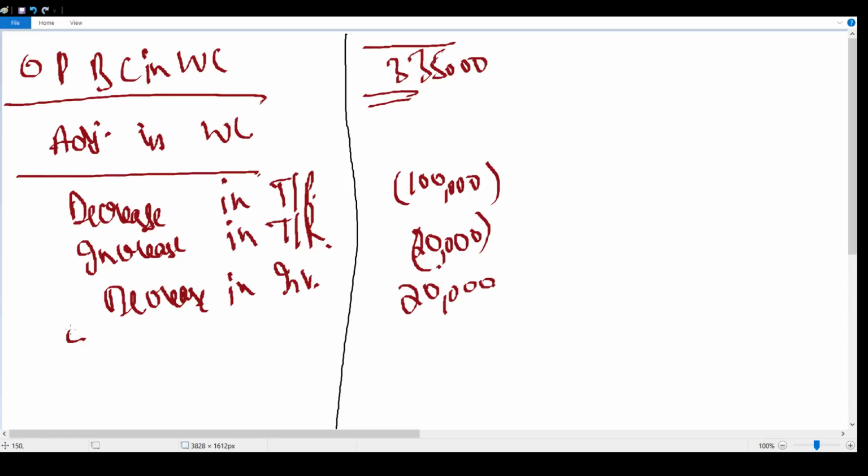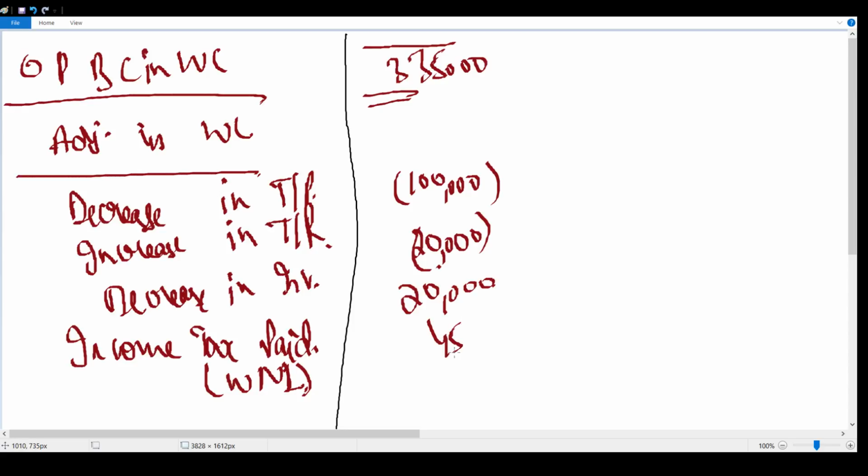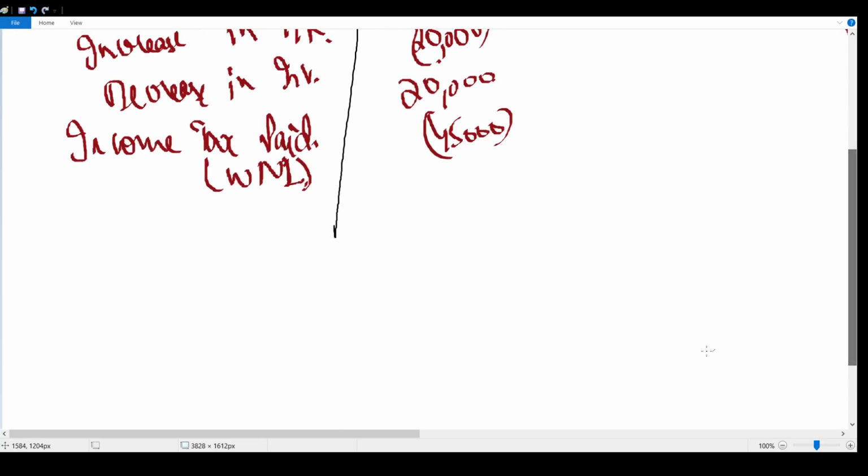And last, income tax paid from working note number 1. The amount was 45,000.